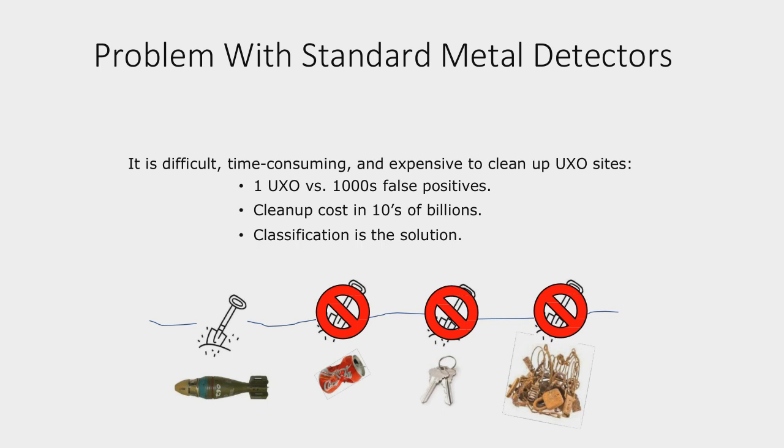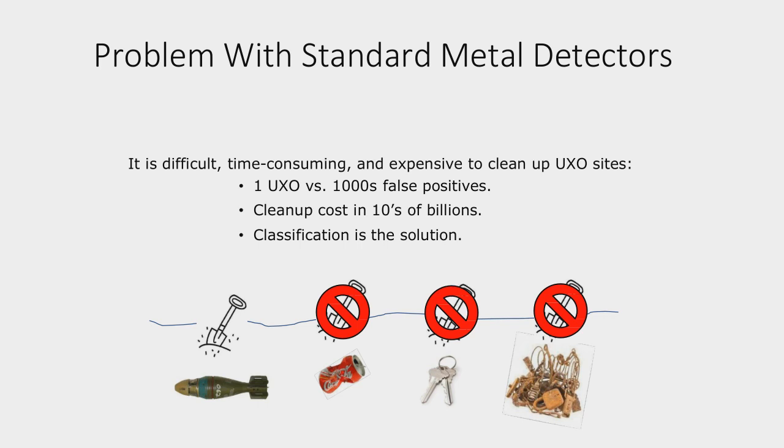So now, because UXOs contain a substantial amount of metal, they can be easily detected. But the problem is the identification. In practice, we have seen that for finding one UXO, there are more than thousands of false positives.